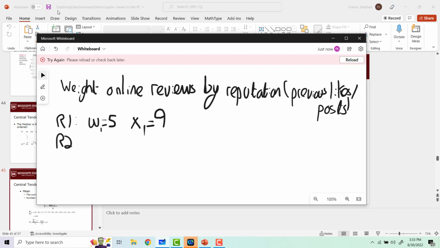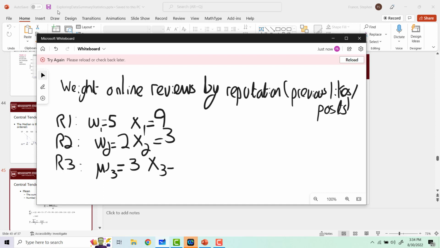Reviewer 2 would have a weight of 2, and they would have a score of 3. Reviewer 3, so I didn't put the 2 there, has a weight of 3 and x3 of 5.